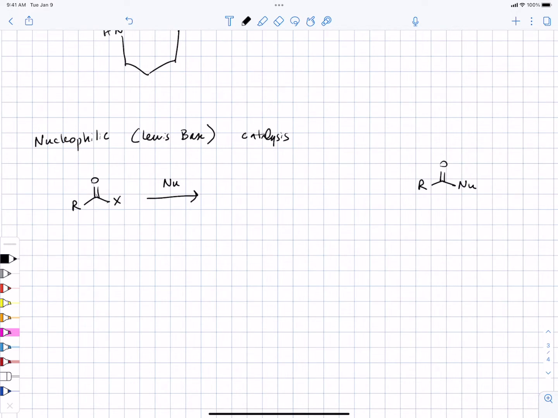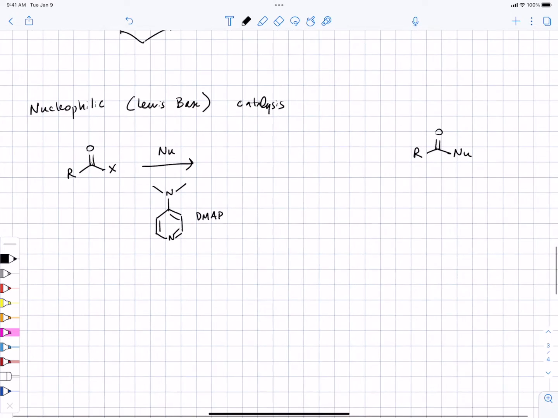You can accelerate that reaction using another nucleophile, and the choice of nucleophile is pretty creative. You use a nucleophile that's decently nucleophilic, but once it's on, it can't stay. So this is dimethylaminopyridine, or DMAP.